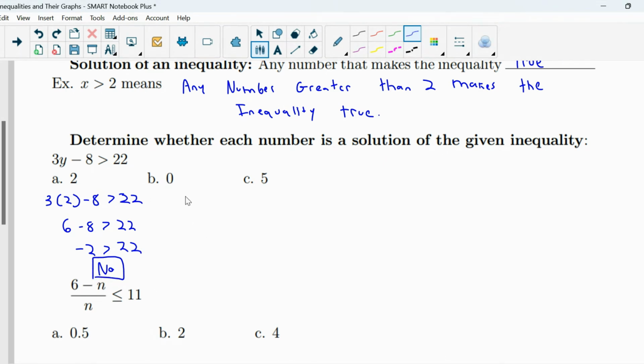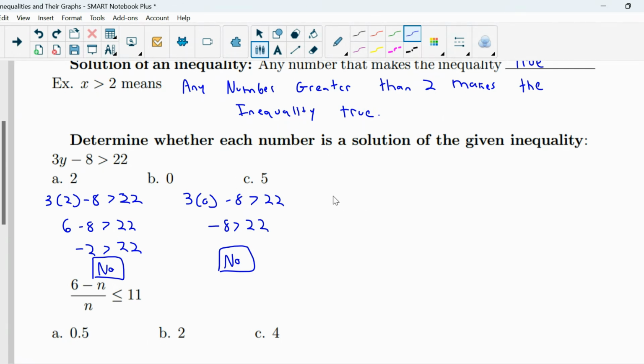Let's do the same with 0. We have 3 times 0 minus 8 is greater than 22. 3 times 0 is 0, so that gives us negative 8 is greater than 22, which is also not a true statement.